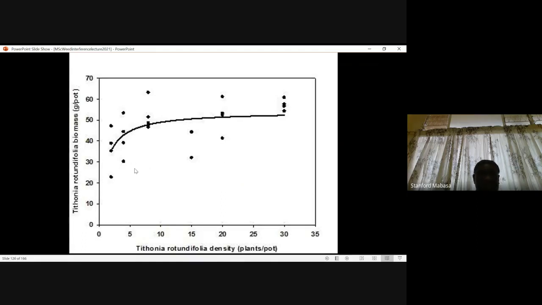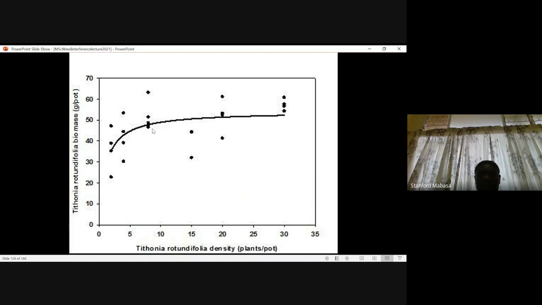Now, when they plotted the biomass of Tithonia, as they increased the density, you can see there's that sort of increase in biomass, then there was no more increase.